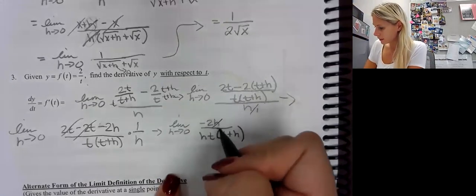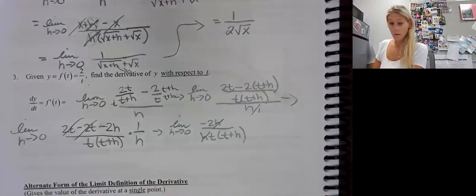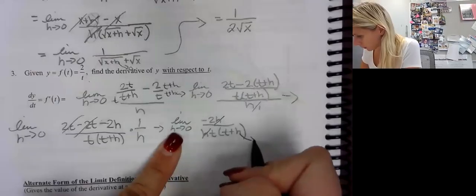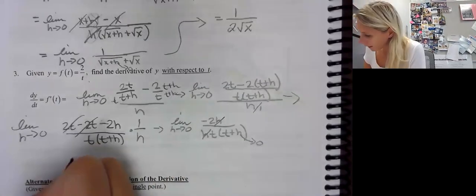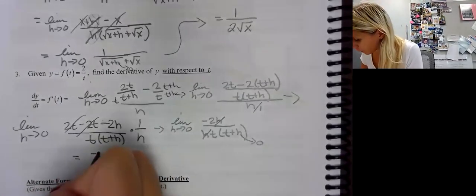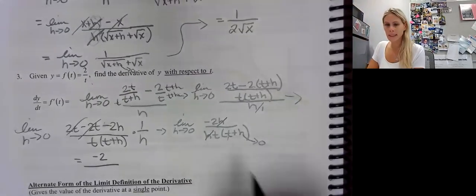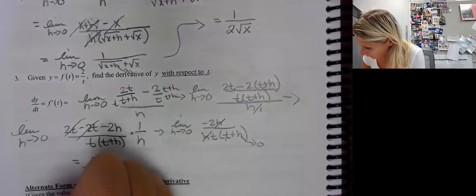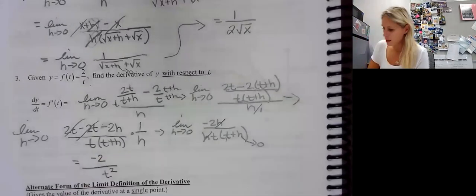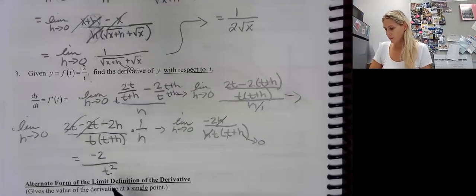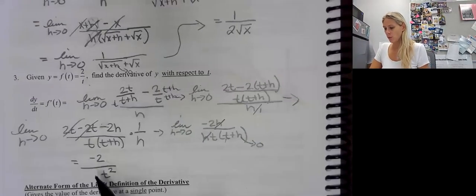Those h's cancel, right? And then when we plug in 0, so this h here goes to 0, what are we left with? We are left with negative 2 in the numerator, and t times t is t squared. So we took the derivative of 2 over t and got negative 2 over t squared.